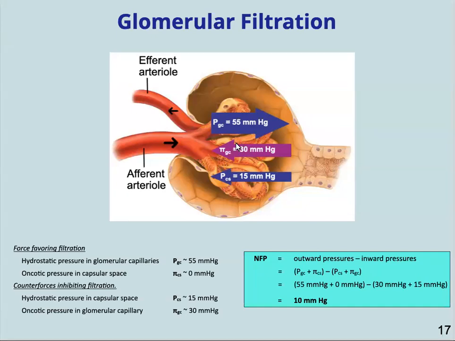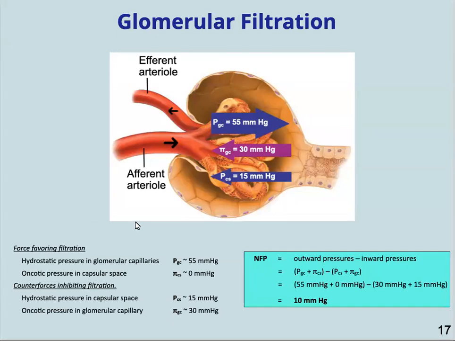Oncotic pressure within the capsular space also promotes filtration because the proteins act as little sponges to promote fluid entering into the capsular space. Oncotic pressure within the glomerular capillary, on the other hand, helps retain water within the glomerulus. In other words, it prevents filtration.